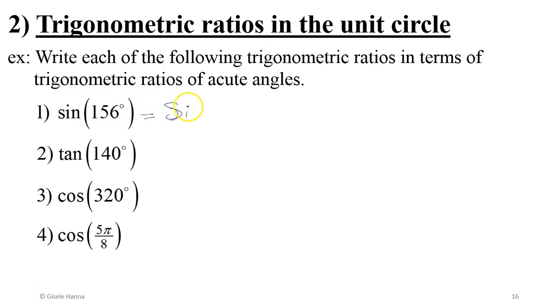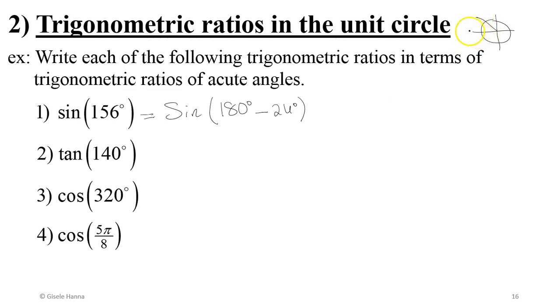Now we know that 156 is in fact 180 minus 24, right? I'm just going to show you how you can determine if it's positive sine of 24 or negative sine of 24. Again, 180 minus an angle falls in the second quadrant.